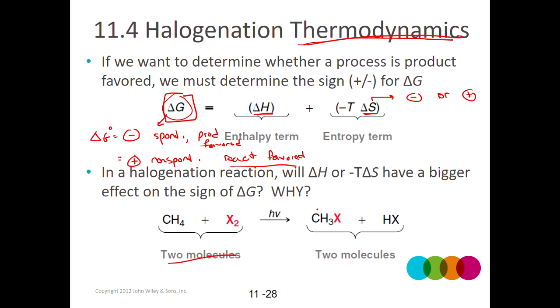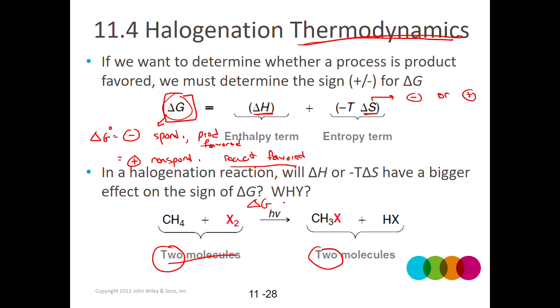Well, maybe one side has a little bit more vibrational or rotational variety. I really can't tell by looking at it, and even if one side did, it probably wouldn't be by much. So anytime you have equal numbers of particles or chemical units on both sides of the arrow, you can expect them to have really similar amounts of entropy.